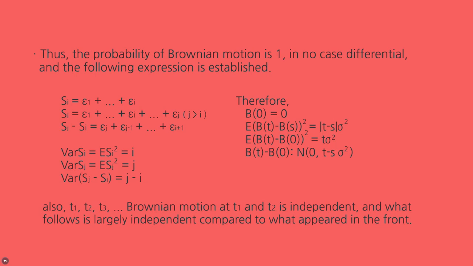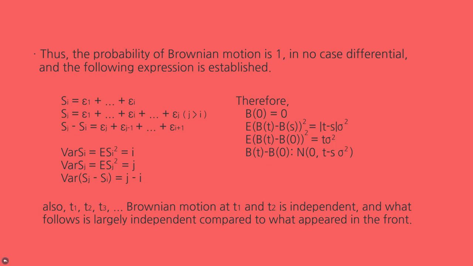Therefore, B0 equals 0. Expectation Bt minus Bs squared equals t minus s times sigma squared. Expectation Bt minus B0 squared equals t sigma squared.